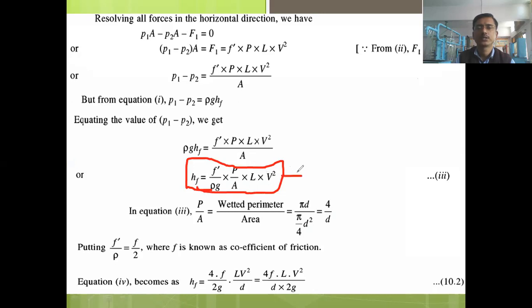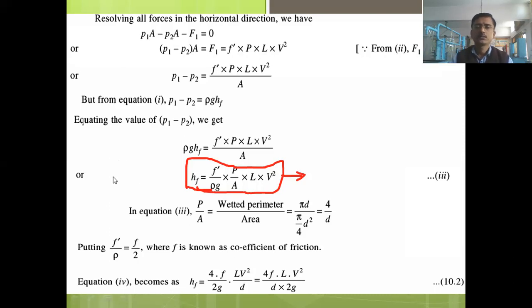So from here we can begin the derivation for Chezy's formula or Chezy's equation. Now let us see how to derive this equation from this particular part.